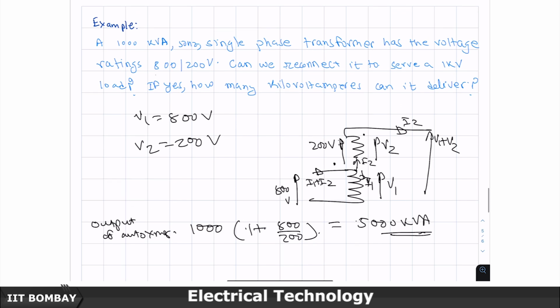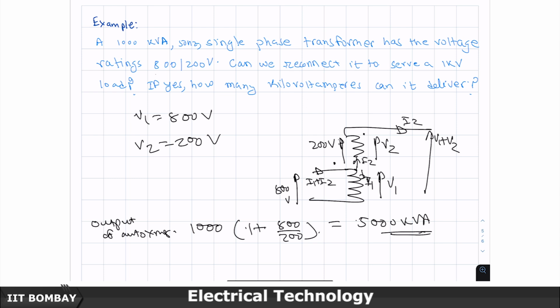Now, in this case it is very clear that this is the primary, this is the secondary, but in some sense you can always say that the designation of primary and secondary in a transformer, being a bidirectional device, is arbitrary, a convenience. Mathematically, you can call any winding primary and any winding secondary.